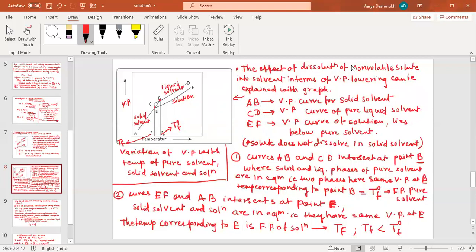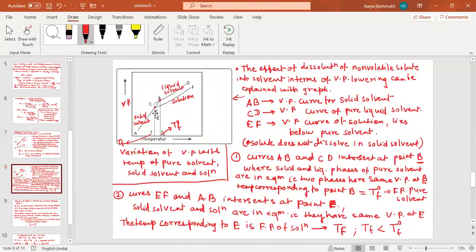The effect of dissolution of non-volatile solute into solvent in terms of vapor pressure lowering can be explained with this graph. Now remember, this lowering in vapor pressure plays a major role in deciding either the boiling point or the freezing point of the solution or the solvent. Now this AB curve is for the solid solvent, as I already told. CD is for the pure liquid solvent.